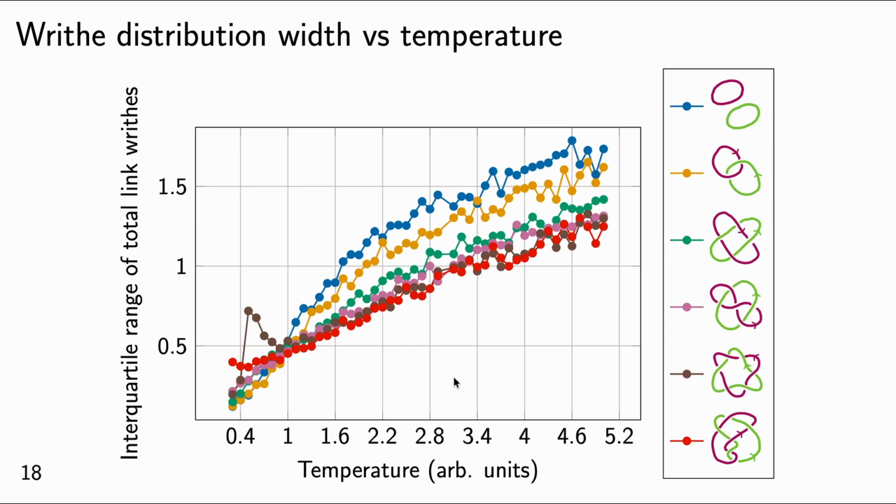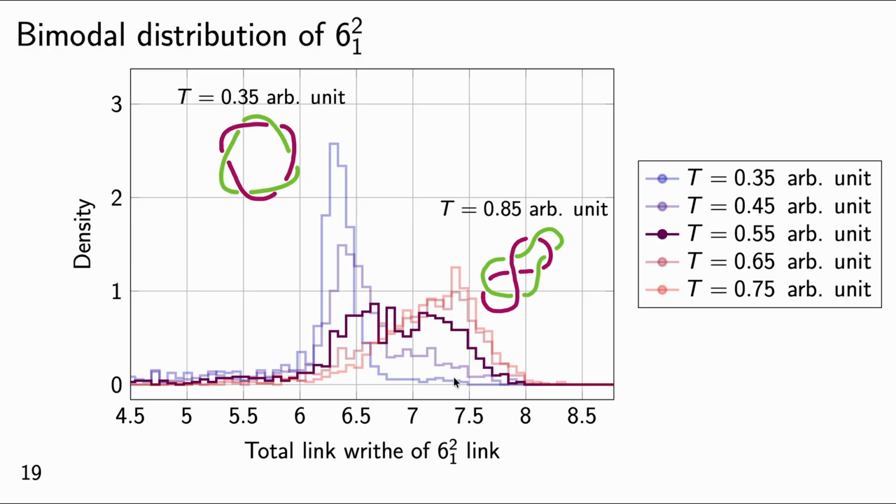Now, there's an interesting outlier that comes up here. If you zoom in on this, this is completely unrelated, but actually one of the more interesting things that comes out. This outlier is showing you that the width of the total link Writhe distribution for this particular link shoots up at a particular temperature. What's going on here is that there's a particular configuration of this link that's preferred at low temperature, and it has this distribution of total link Writhe, centered around 6.4.